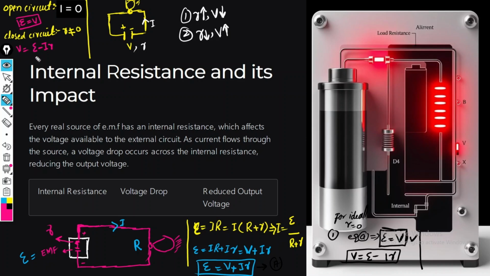In this case, this electromotive force will be more, and this voltage is decreased by this factor. What I'm going to mention here is that in this case, the voltage will be lesser and the electromotive force will be more.